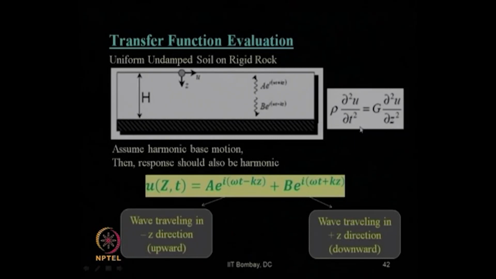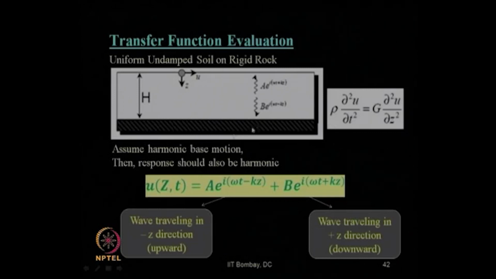If you recap the previous module on wave motion, we derived where this equation comes from. For the shear wave velocity, the relationship was rho del square u by del t square equals G times del square u by del z square. That was the equation we saw earlier.